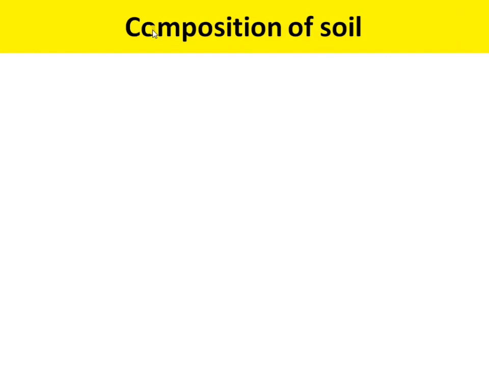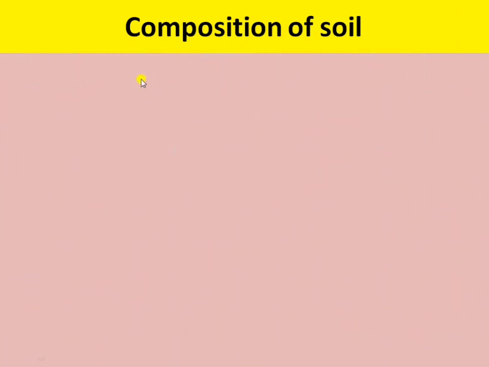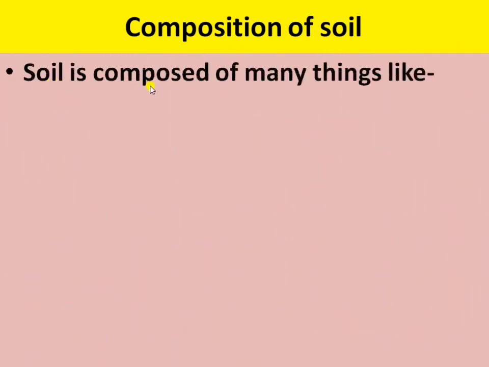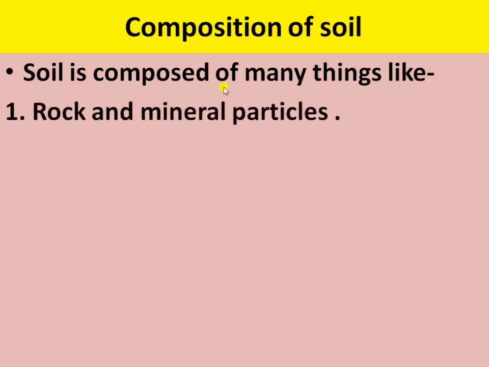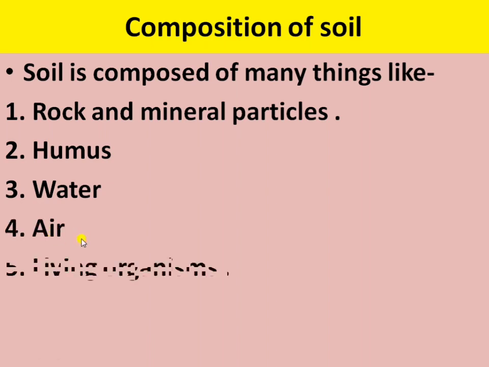Moving on to the next topic, that is the composition of soil. Soil is composed of many things like rock and mineral particles, humus, that is organic matter, water, air, and several living organisms.